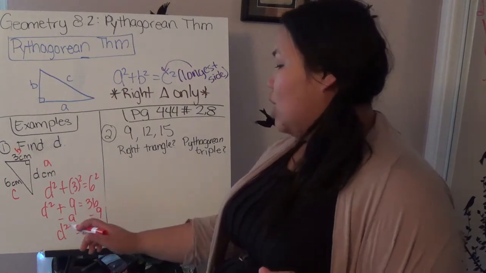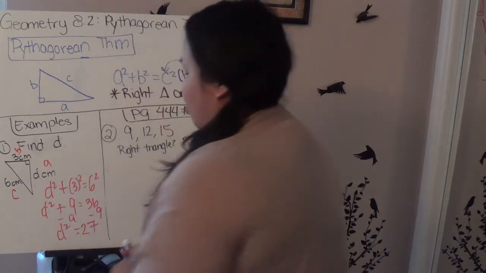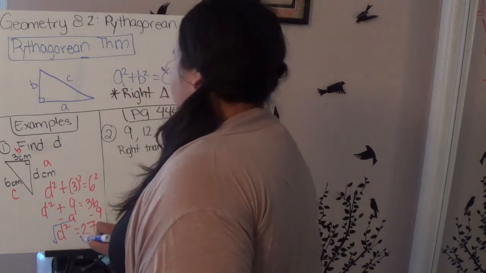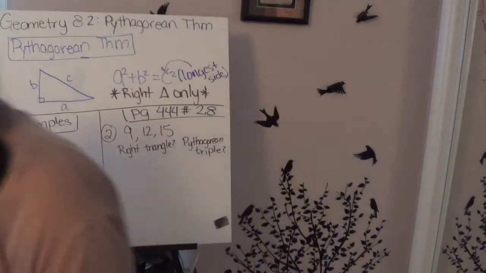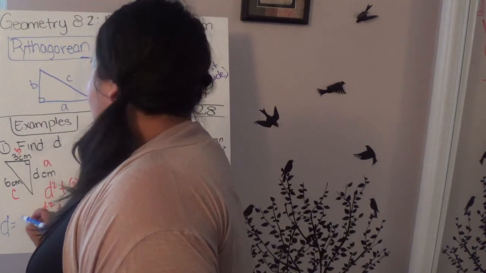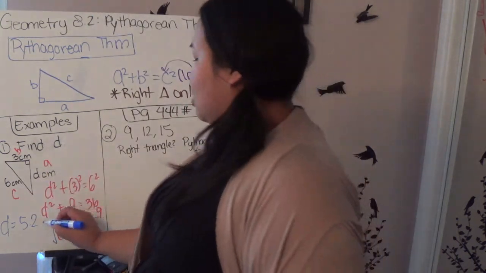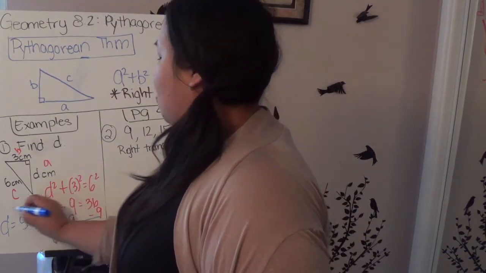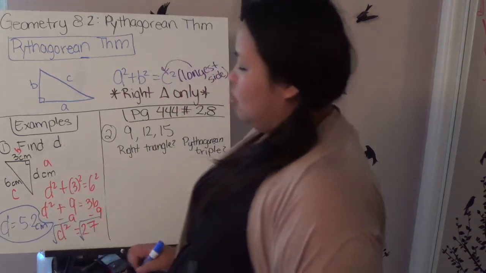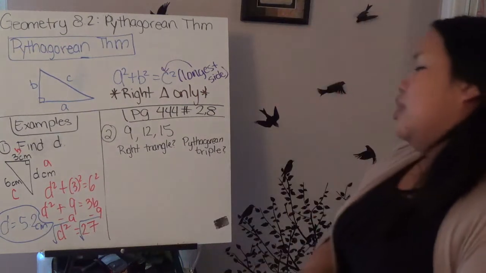Now I'm not done because I end up with a d squared, so I'm going to square root both sides. We take the square root of 27, and we end up with d equals 5.2. But because this is giving us actual measurements, it's going to be centimeters. Some of you missed that on your test. D equals 5.2 centimeters.